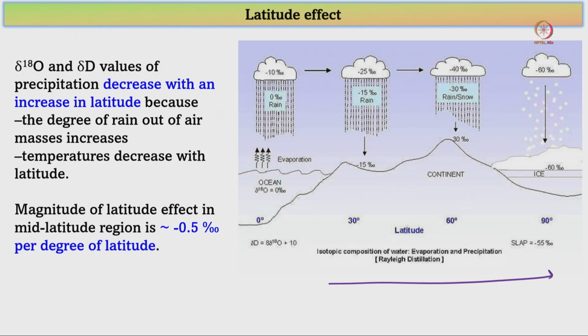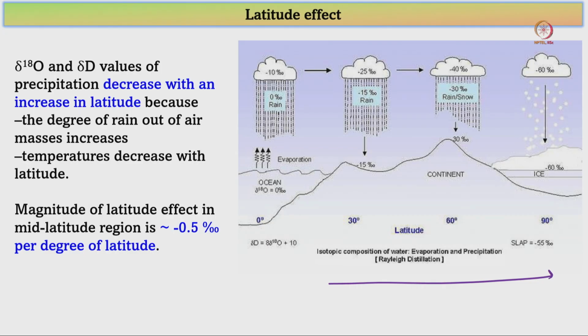As we are going towards higher and higher latitudes, the temperature is definitely decreasing. So, the overall impact is that we are seeing more depleted, or more negative, delta 18O and delta D values at the higher latitudes.